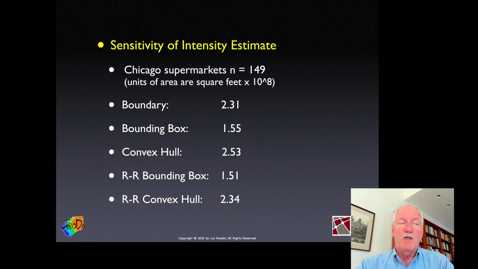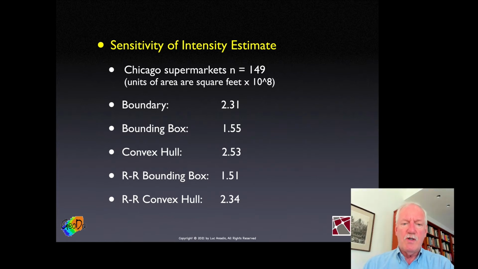Then when we do the adjustment, the Ripley-Rason adjustment, we see that the intensity is a little bit lower for each of the cases. For the bounding box, it goes from 155 to 151. And for the convex hull, it goes from 253 to 234. And that is, as I mentioned, the consequence of increasing the area just a little bit at the edges.